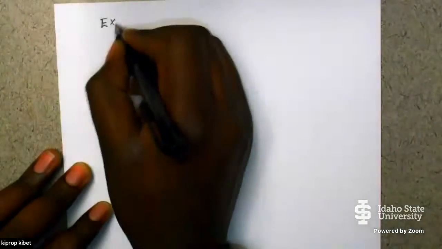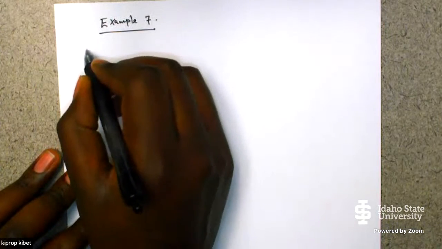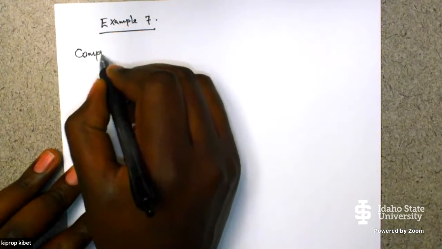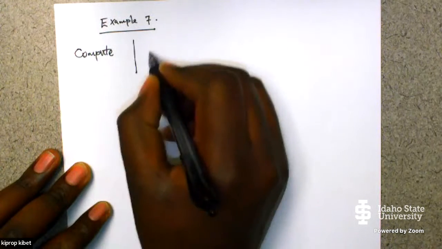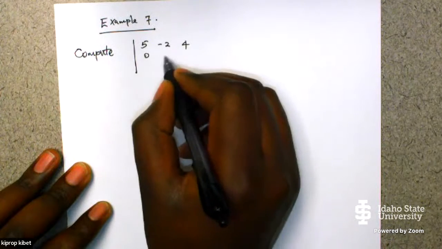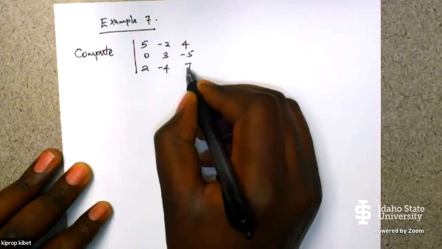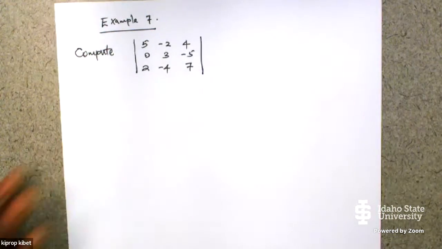So let's continue from where we left. Example number 7. Compute the determinant of the matrix 5, -2, 4; 0, 3, -5; 2, -4, and 7.